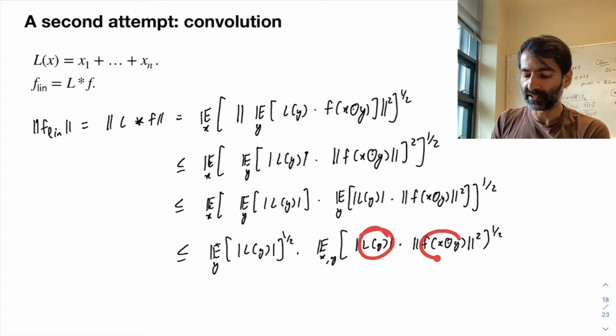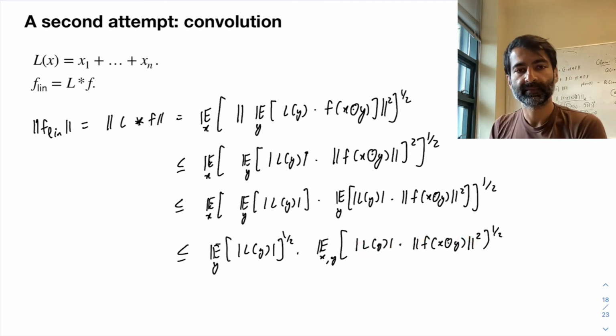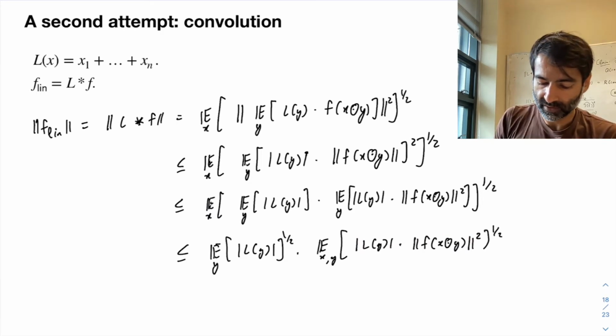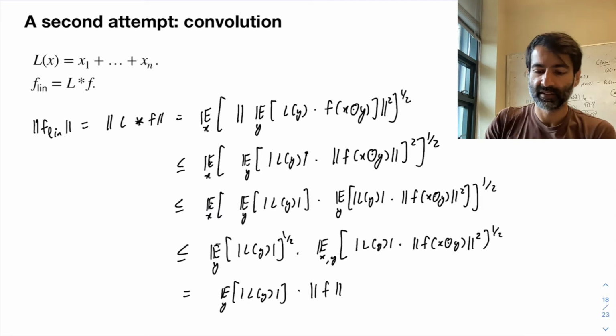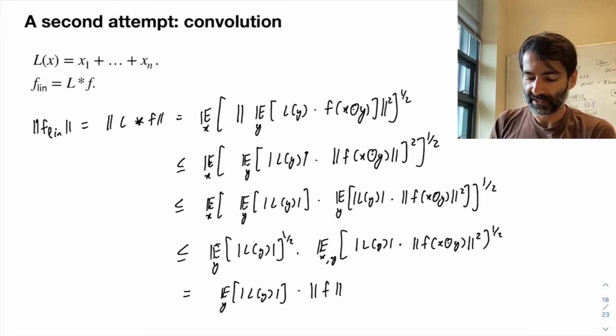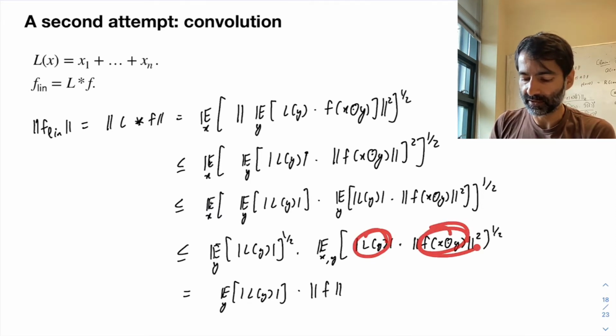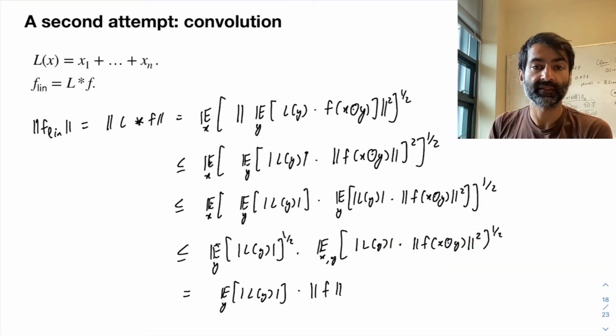This is independent of that. Okay. So this is equal. Basically, these two terms are independent, and this term, the second term here, just contributes to the norm of f.